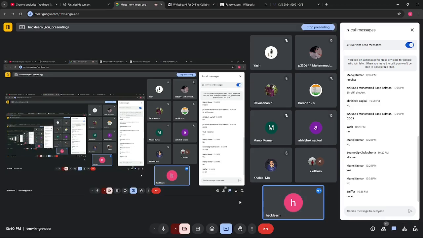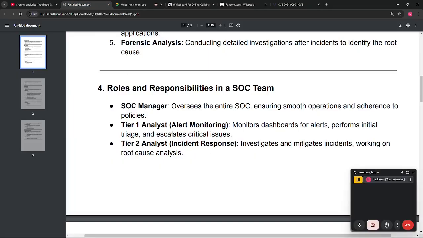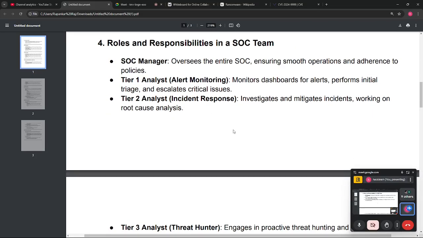Okay, so let's move to some other roles. Everyone knows this role, tier one, which is about monitoring. As a tier one analyst, you will be the first line of defense, and they monitor the security dashboards for alerts and perform initial triage.